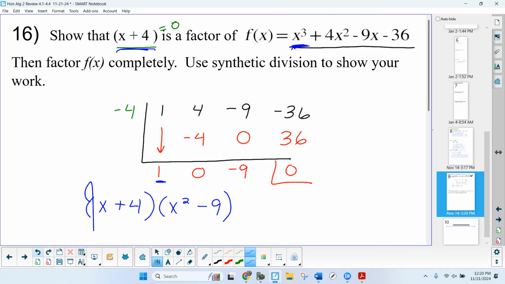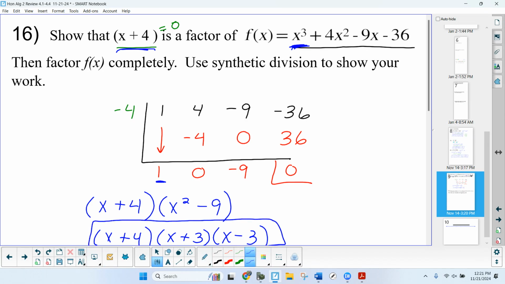Difference of squares. So what does the second factor into? X plus 3, x minus 3. It's a difference of squares. Now they're all linear. Again, it does not matter what order you have those in. Questions there?